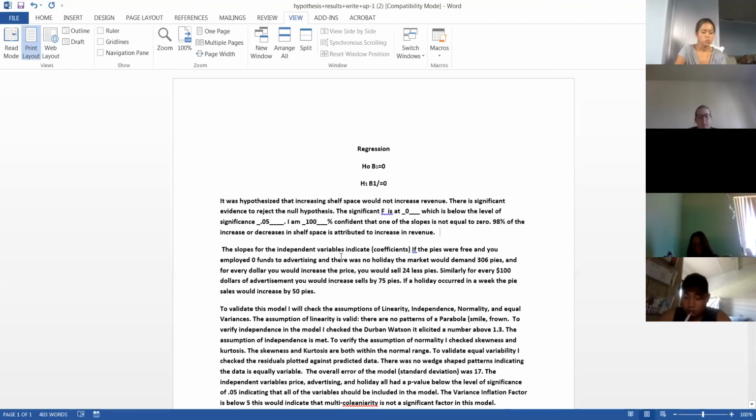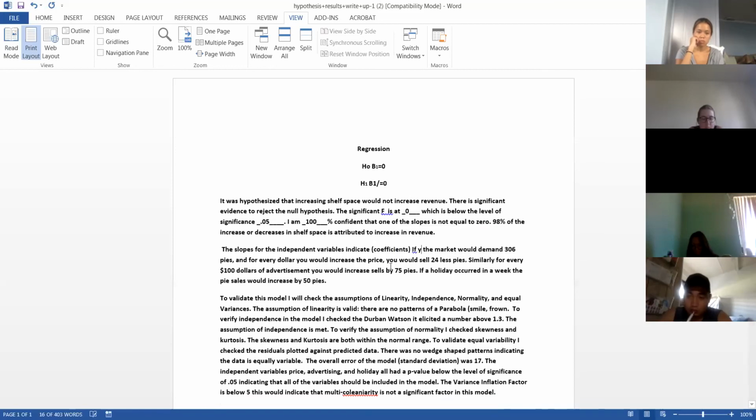The slopes for the independent variables indicate if you had no shelf space, you would earn $1,100.